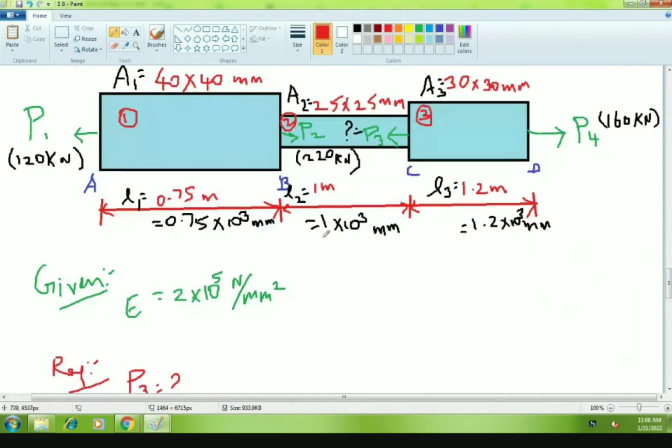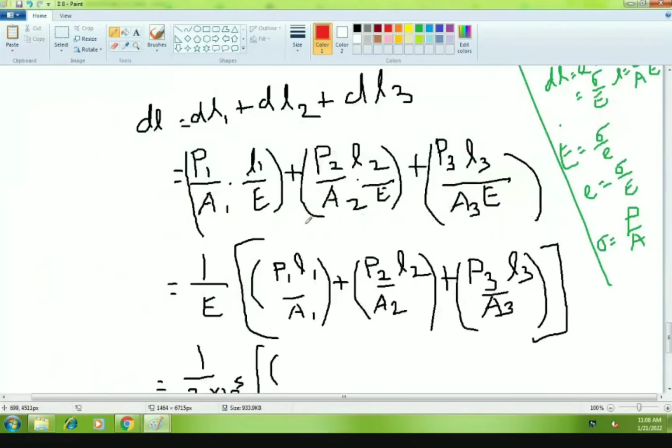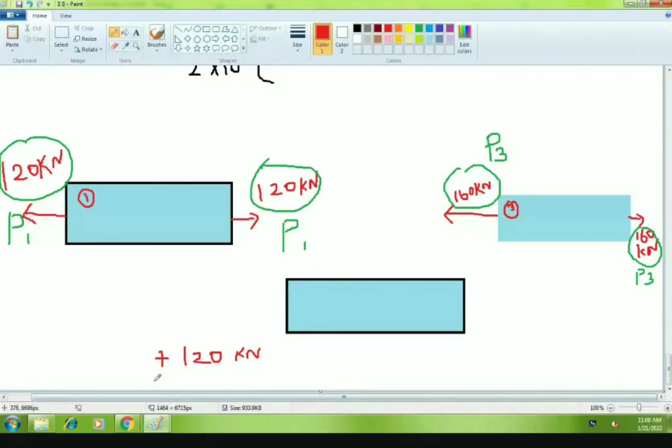I'll come to the original first part. P2 is compressive or not, according to the diagram? According to the second part, compressive or tensile? Compressive, sir. Compressive, positive or negative? Negative.